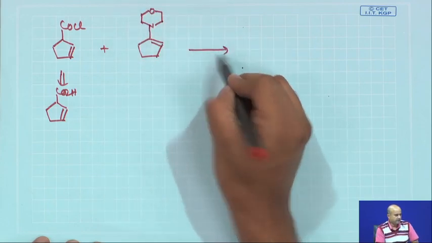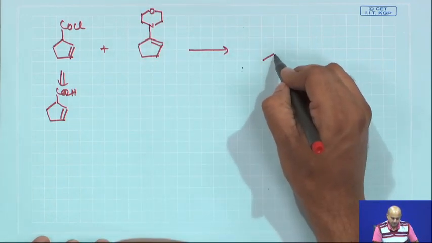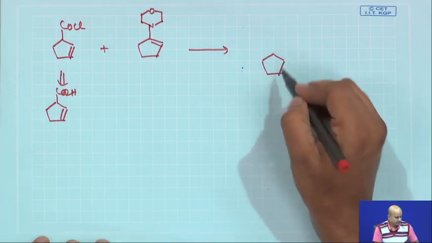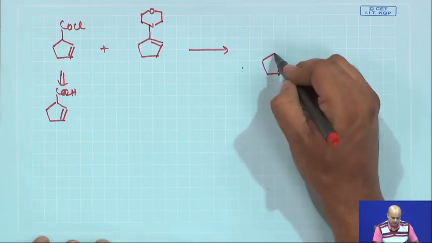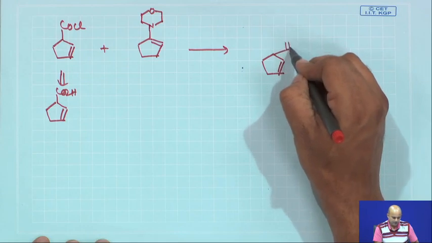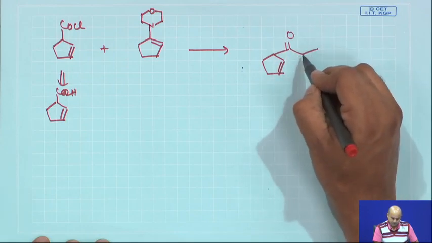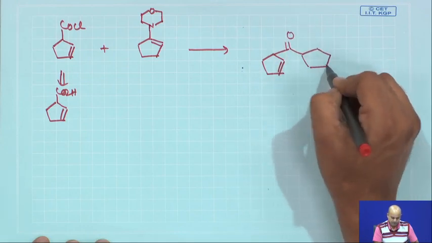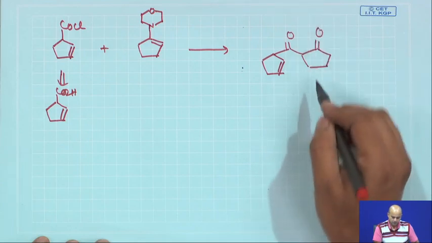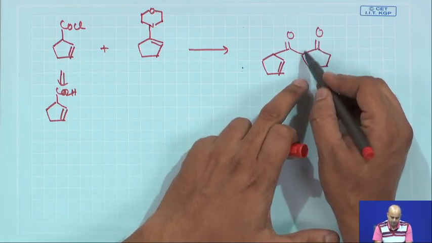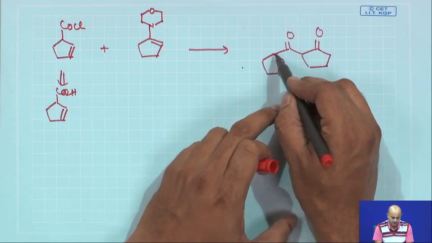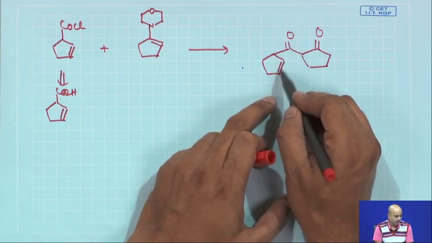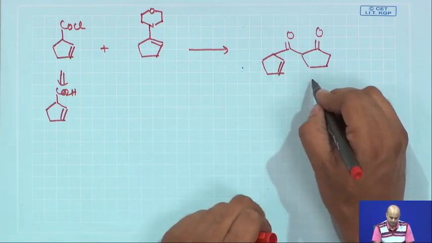Now, as I said, enamine alkylation will basically give you a diketone. So, this part is your cyclopentanone and this part is your enamine, the double bond which served as one of the 2 pi is here.